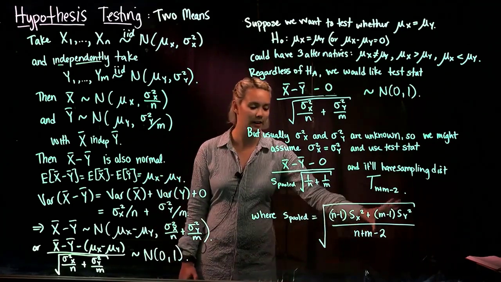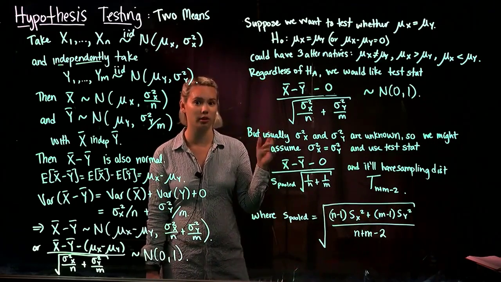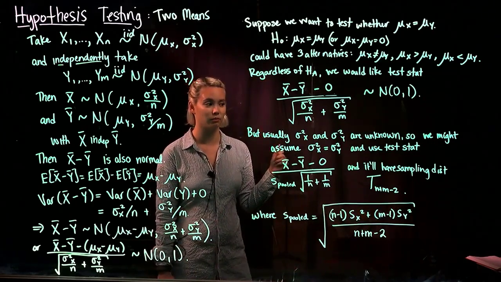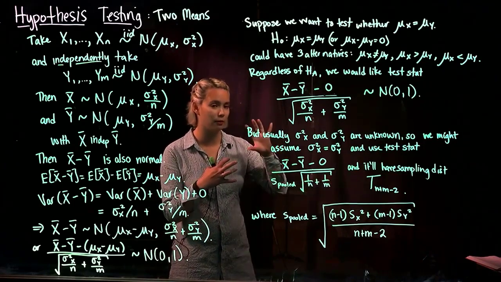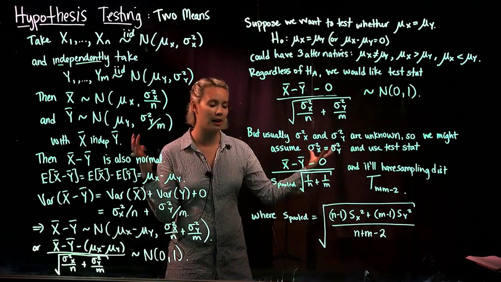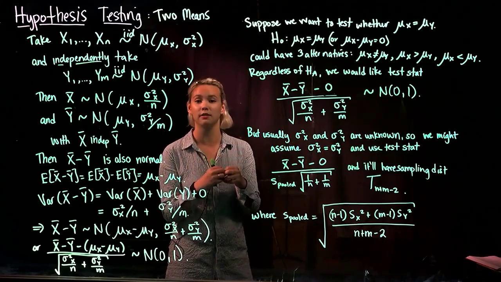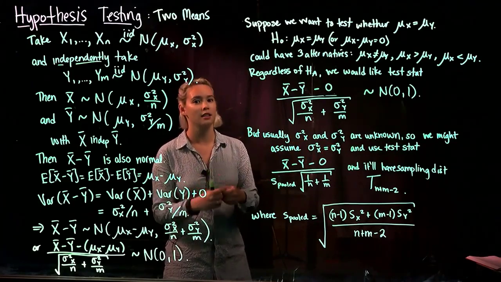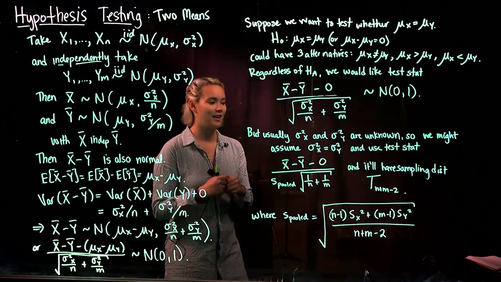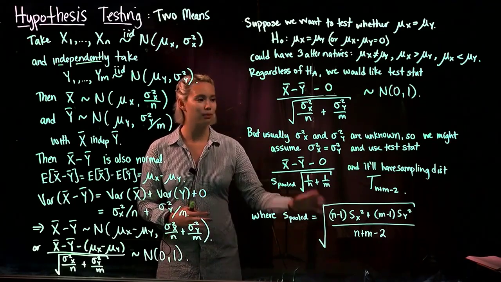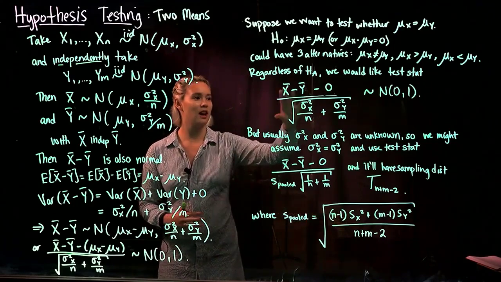So this whole quantity there, that's what we're going to call our pooled sample standard deviation. Okay, so it's pooled because we've pooled all the information from x and information from y and come up with one sample standard deviation under the assumption that the variance of the x's is equal to the variance of the y's.